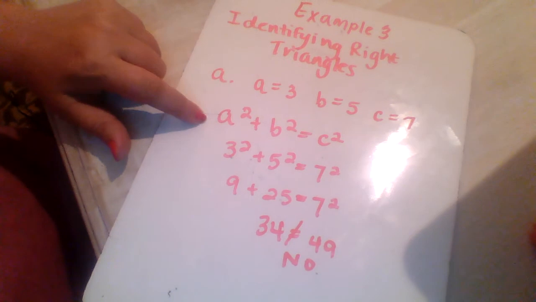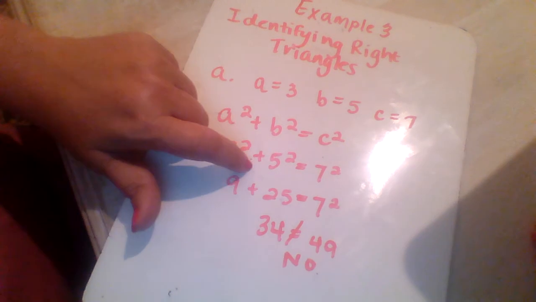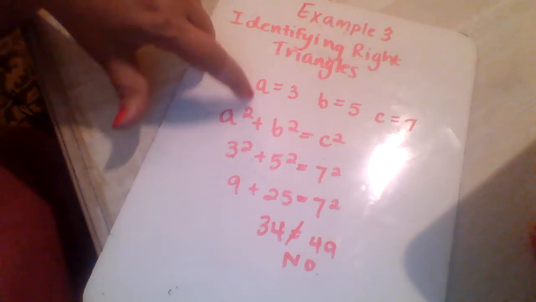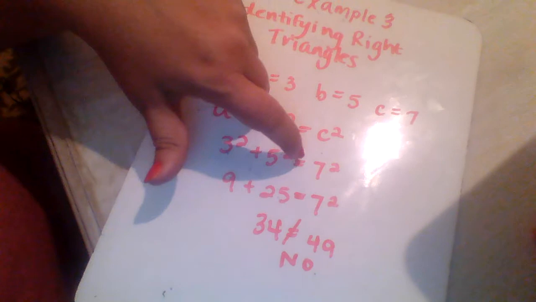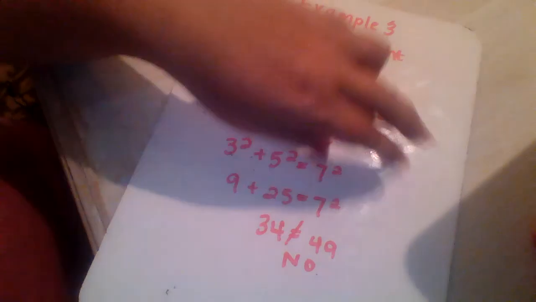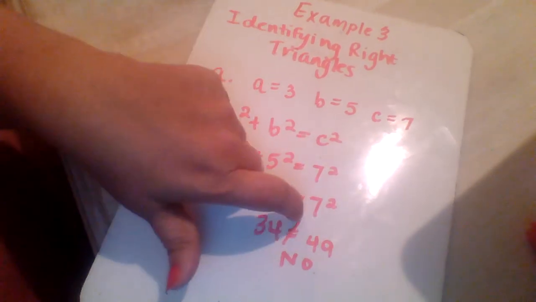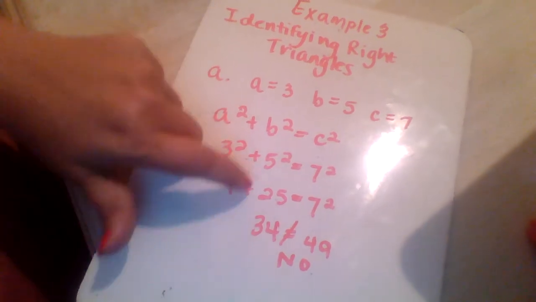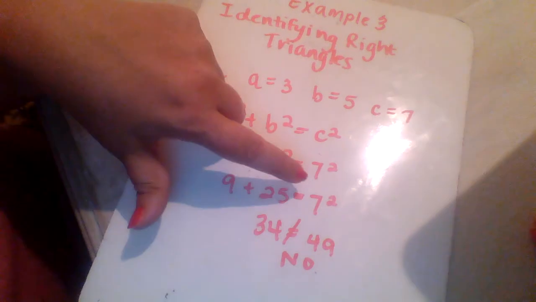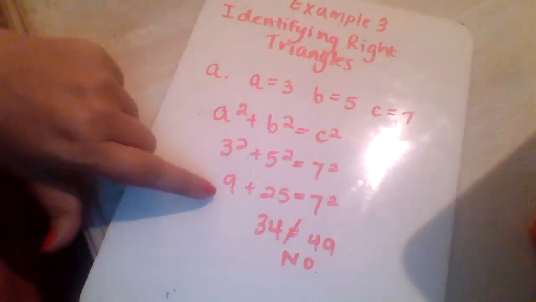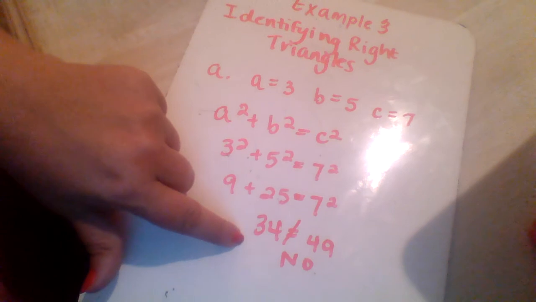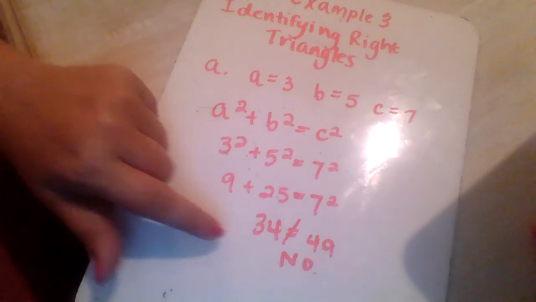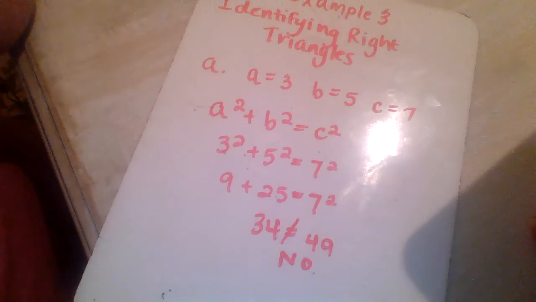So using the same theorem, a squared plus b squared equals c squared. a is 3, b is 5, and c is 7. So we're going to square all of those and see if they equal the answer. So 3 squared is 9, 5 squared is 25, and 7 squared is 49. 9 plus 25 is 34. So this is not a right triangle because it does not equal each other.